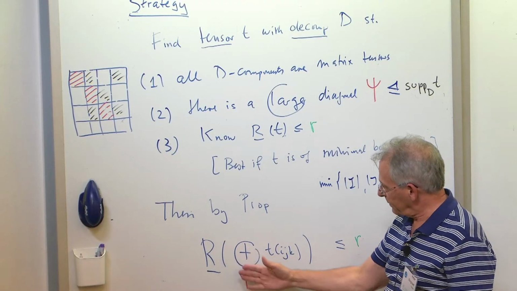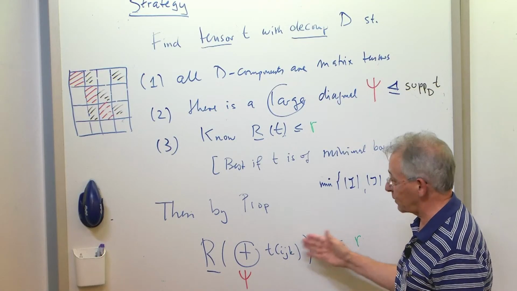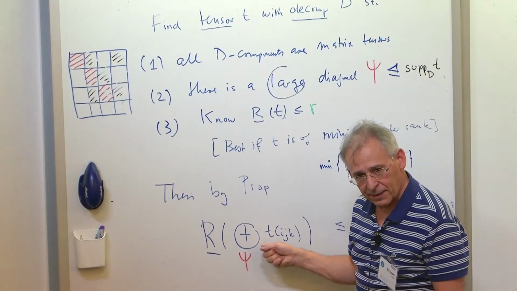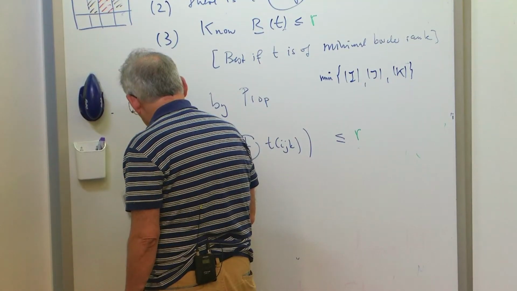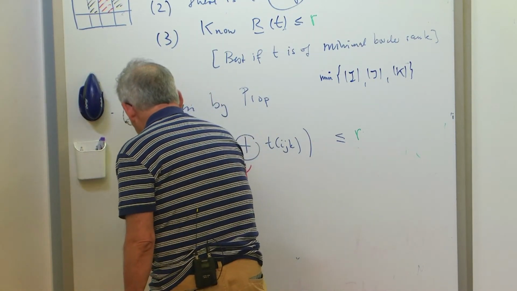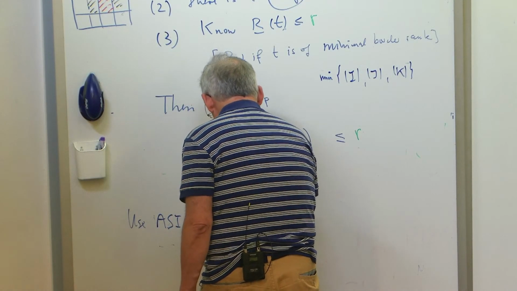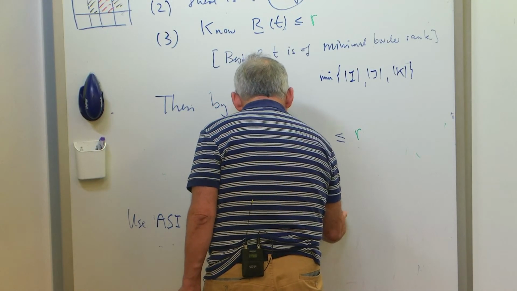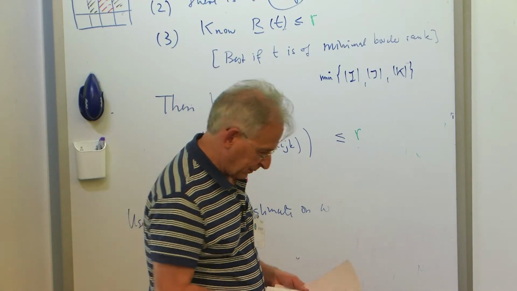And then the border rank of this tensor is at most R. That's the proposition, because it's a combinatorial degeneration. But because it's diagonal, it's a direct sum. And now I can apply the asymptotic sum inequality, or the Schönhage theorem. I just use this to get an estimate on omega. So this gives some inequality, and then you have a bound.